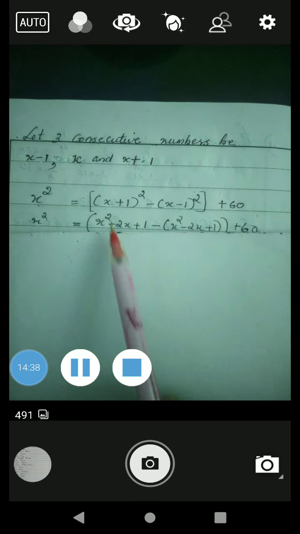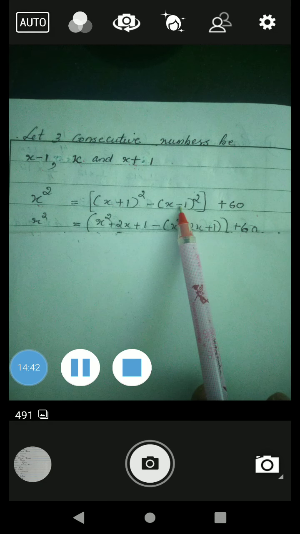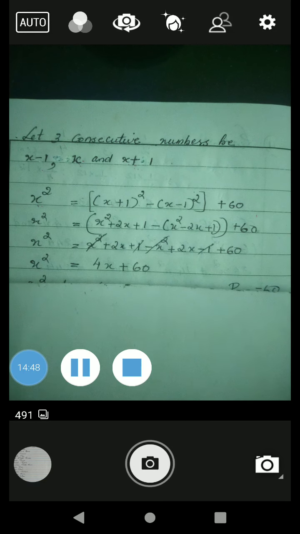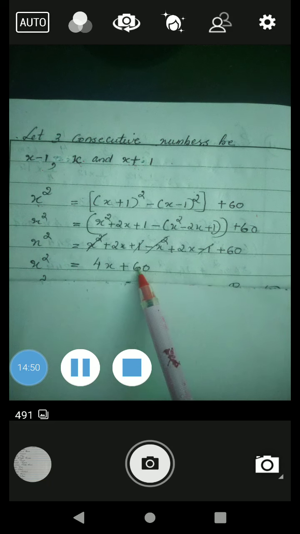Or in this way you can open this bracket. If you forgot that, you can just open the bracket using a plus b the whole square, a minus b the whole square. When you simplify, you will get 4x itself. So 4x plus 60. Rearrange or express it in the standard form.